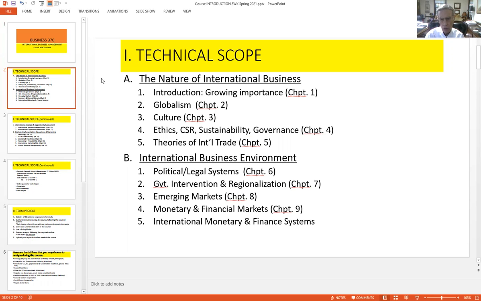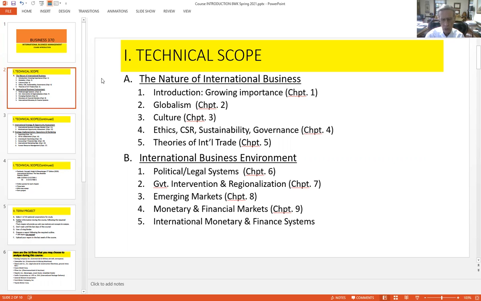Globalism is an interesting trend that has sort of taken a reverse turn due to the coronavirus. Maybe the most important of these chapters is the 5th one, when the various approaches to understanding international trade are discussed. And so that takes us then to part B, the international environment.